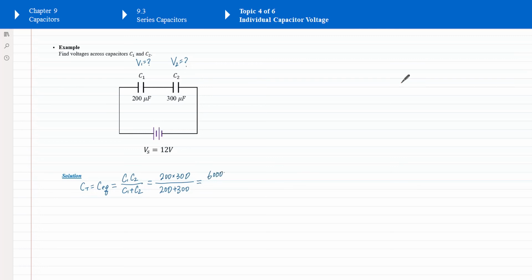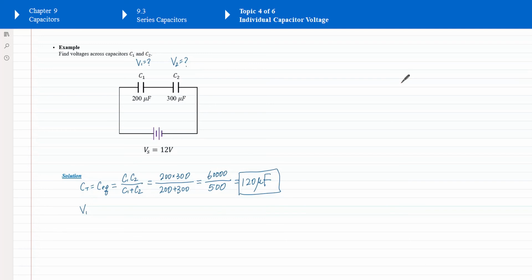60,000 divided by 500 equals 120 microfarad. Let's say V1 is the voltage drop on capacitor 1, C1.